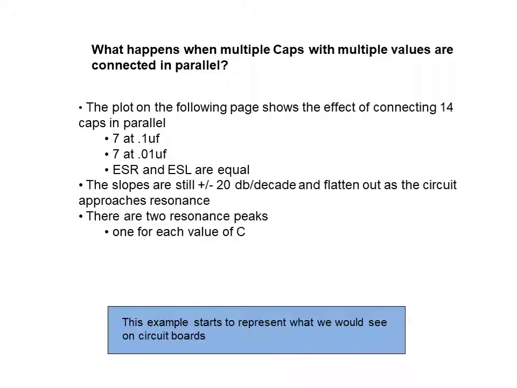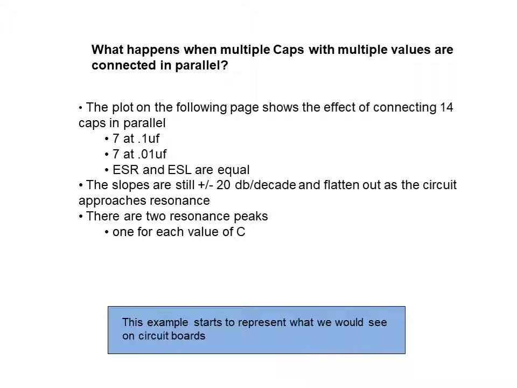Now the fourth example: what will happen when multiple caps with multiple values are connected in parallel. This is a typical example of what you would see on circuit boards. On the plot on the next page, we simulated it by connecting 14 caps in parallel, where 7 were around 0.1 microfarad and 7 were around 0.01 microfarad, and all the ESR and ESL were equal.